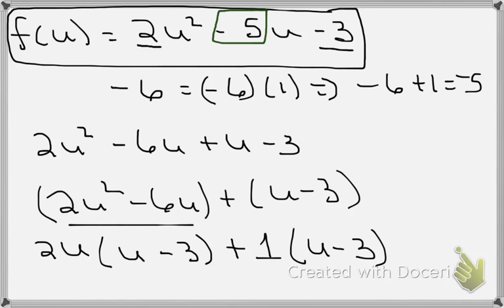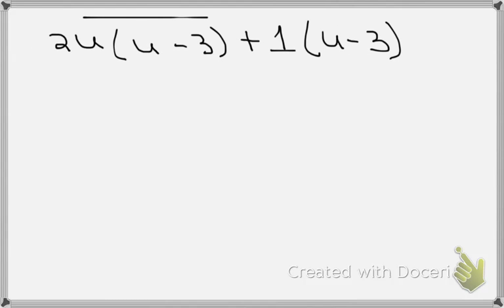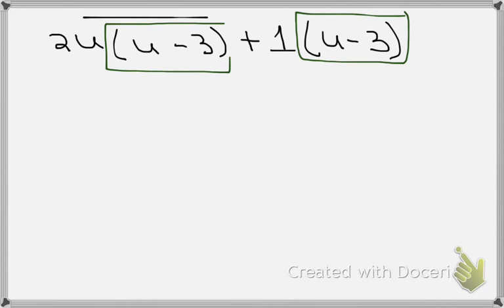All right. So I'm well on my way here. I'm going to get this over to another sheet so I have some more space. Copy that, paste it over here. Now in these two terms, what do I see? Well, I've got a common u minus 3 in each of the terms. There's a u minus 3 there, there's a u minus 3 there.